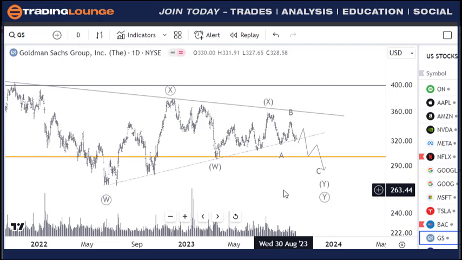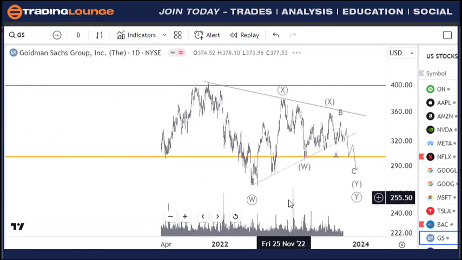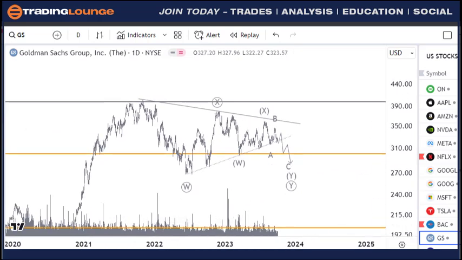But they're all in very awkward positions. But the thing is that they're in corrective patterns. So they're in big corrective patterns. Normally the banks lead out of bear markets and are the first to lead. But since COVID, that hasn't really been the case for all of this.